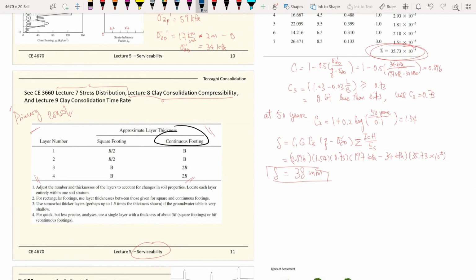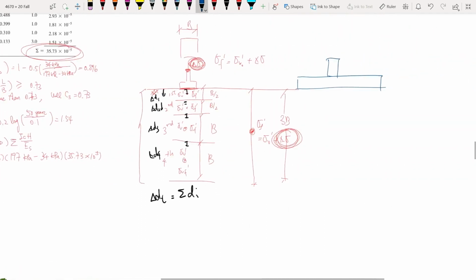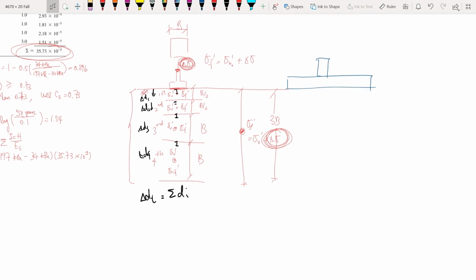This time it's 5B, 5 times the width of the foundation. So if I try to be consistent with my previous drawing, this will be the width of the foundation, but it's continuous in the other direction. So this is a very long, continuous footing.